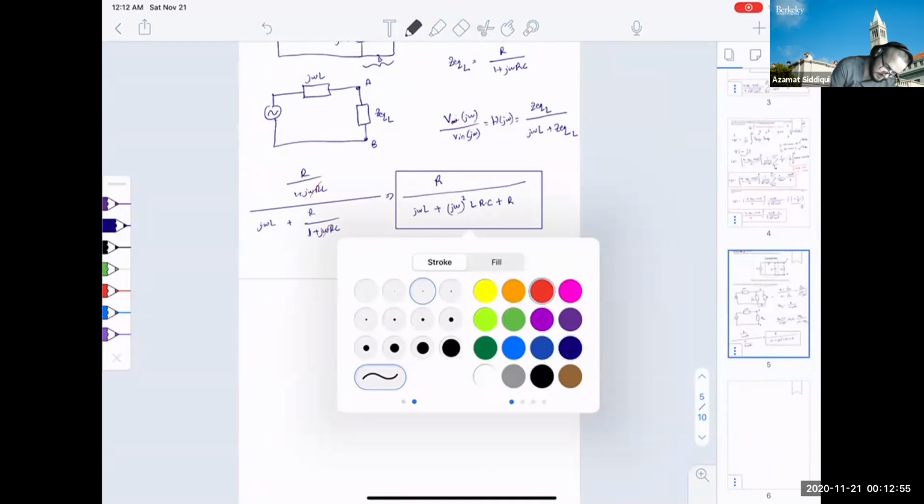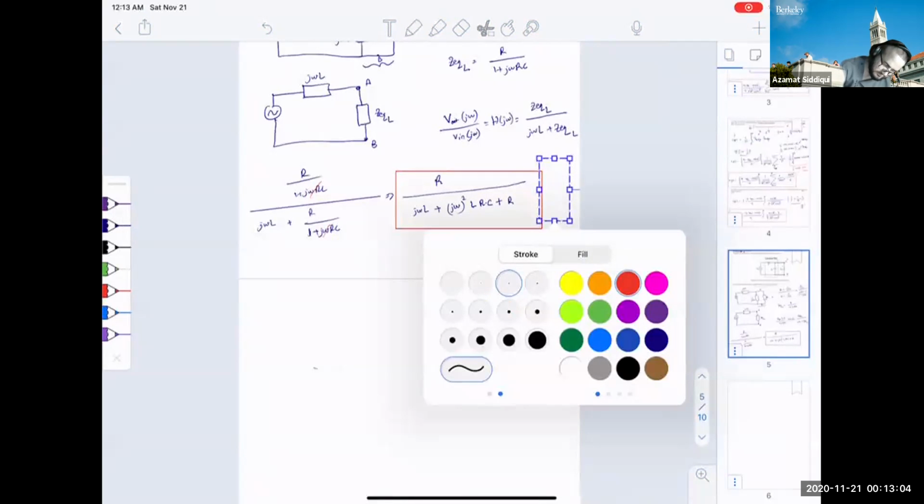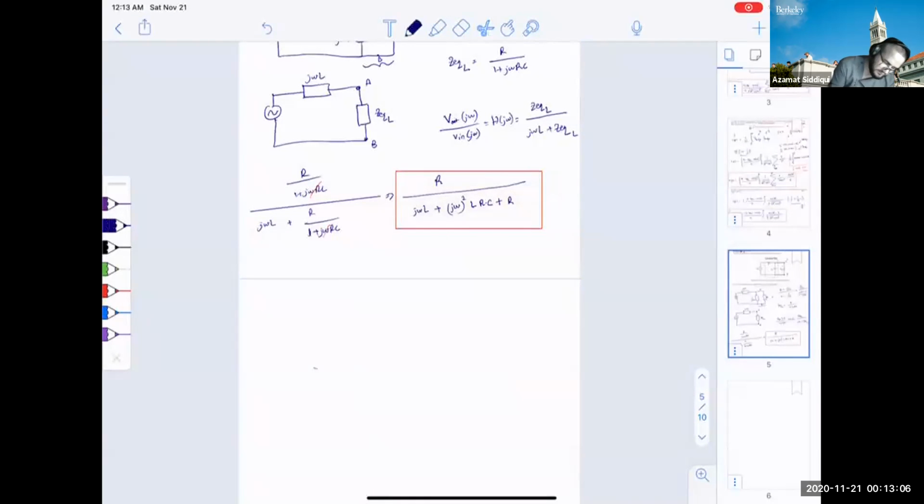Or I could divide the numerator and denominator by R, and that way I'm going to get something like this: 1 divided by j omega L over R plus j omega squared.